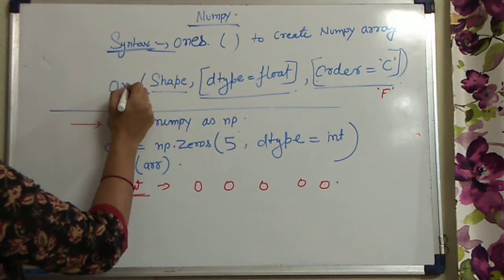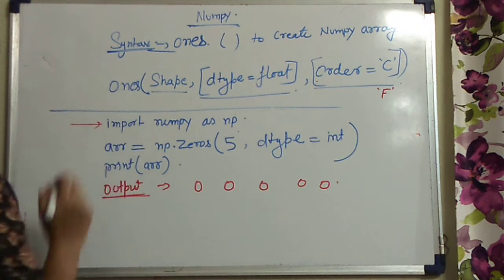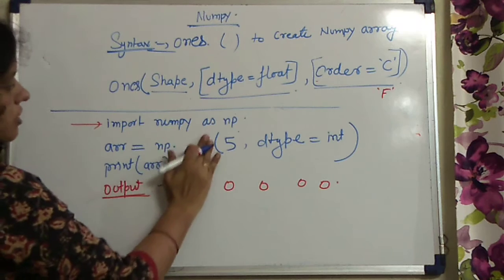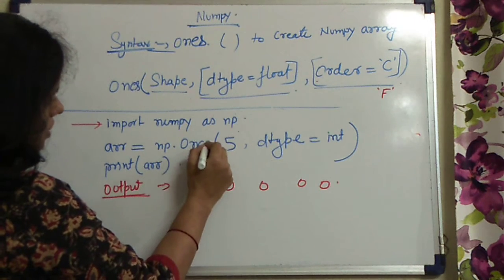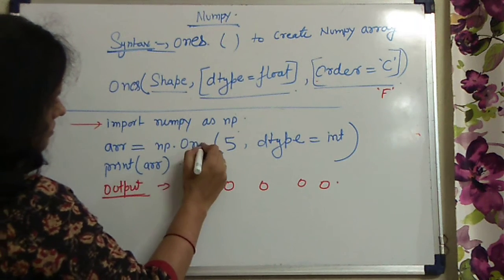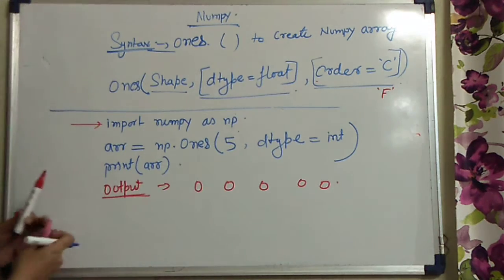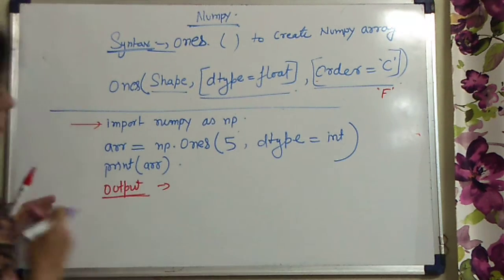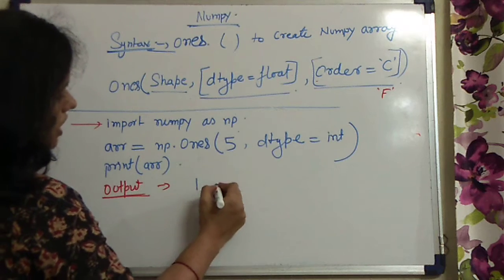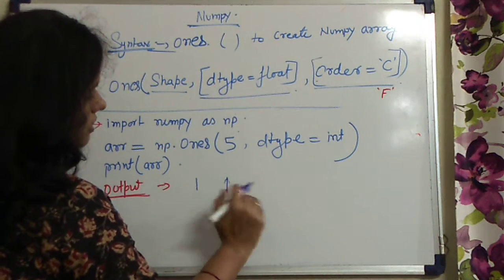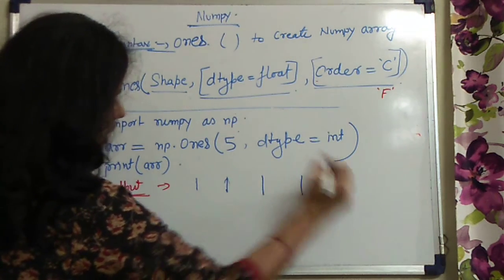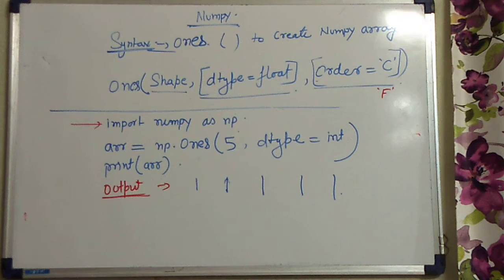So here is ones. Clear? Now let us see, here also change the function to ones. So what will the output be? The output will be 1 1 1 1 1. Right everyone?